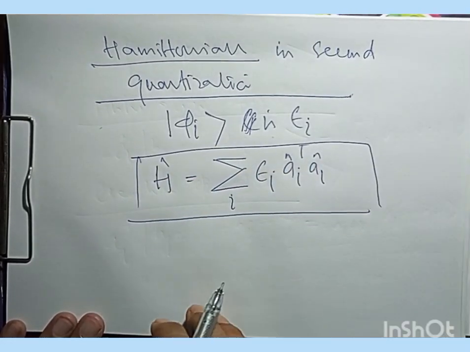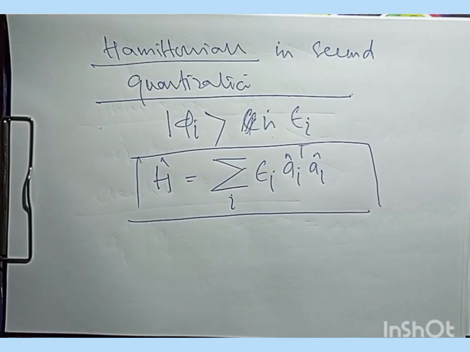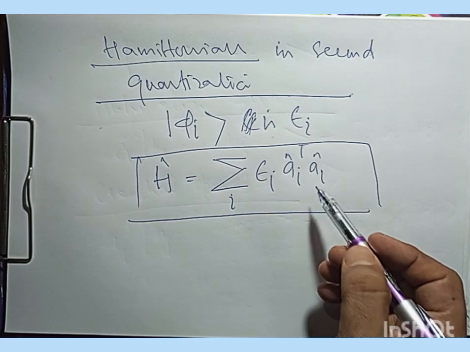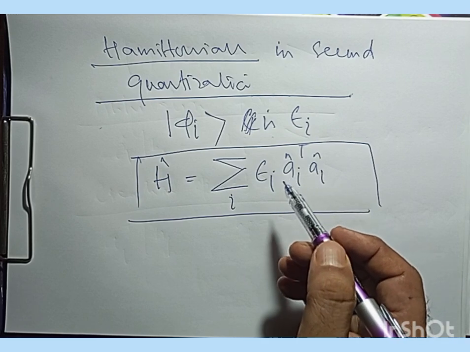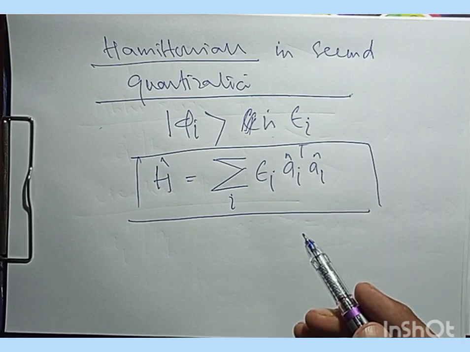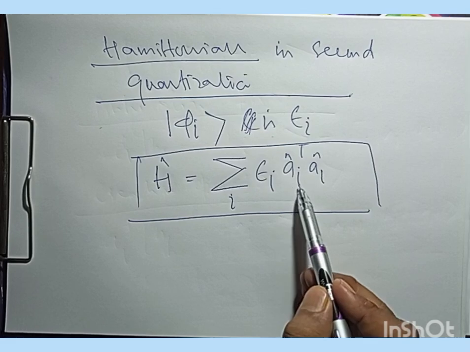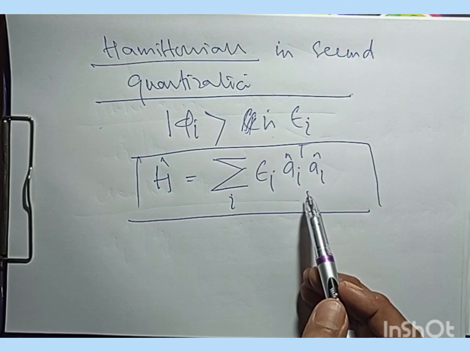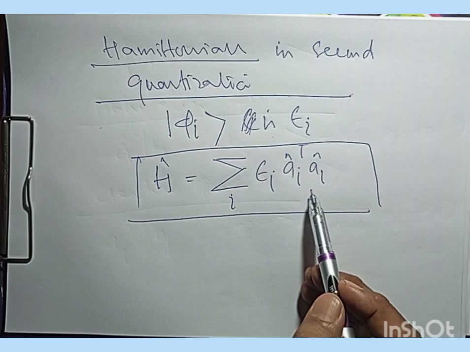This is my Hamiltonian for a non-interacting Bose gas, where a_i dagger is the creation operator and a_i is the annihilation operator. The operator a_i dagger a_i counts the number of particles in the ith quantum state.